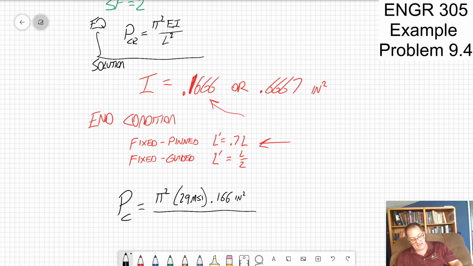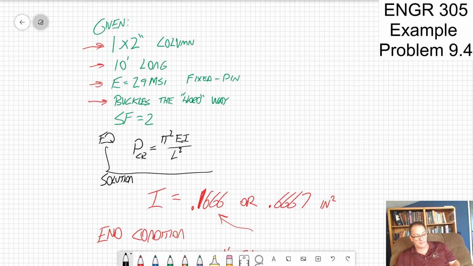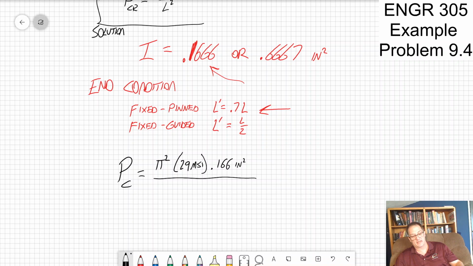And then my length was 10 feet long, so that's 120 inches times 0.7, to make this as long as possible, and that whole quantity is squared. So now I do my calculator Olympics while you're on hold.